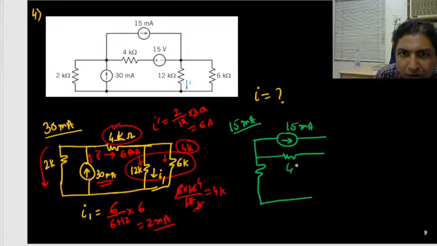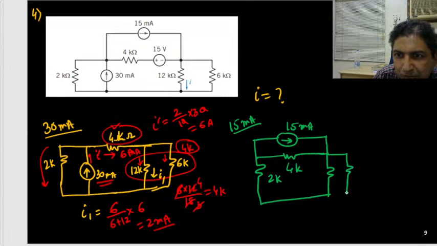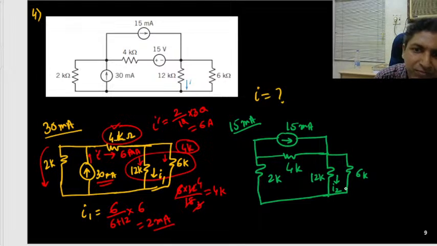This is 4K, this is 2K, the voltage source I have removed by short circuit, then this is the resistance and this is the resistance. This is your 12K, this is your 6K. You need to find this current again, suppose I2.